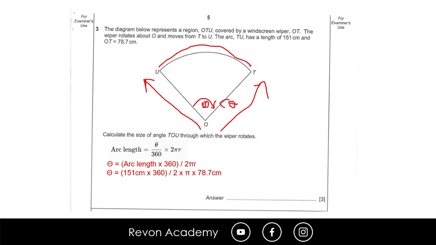That is a much simpler way of doing it, instead of punching everything into the calculator, which is more likely to give you a wrong answer. The correct answer should be 109.95 degrees, and then you write that to one decimal place. It gives you 110. Anyway, wait for part 3 and then you'll get to continue.